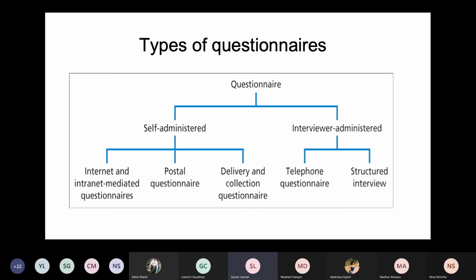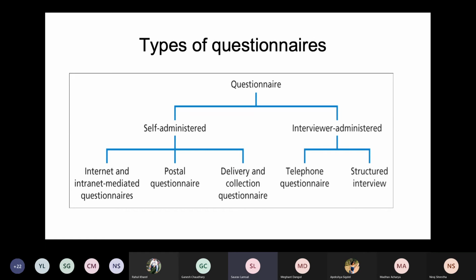Can you find any difference between the self-administered and interview administered? So self-administered and interview administered, what do they indicate?